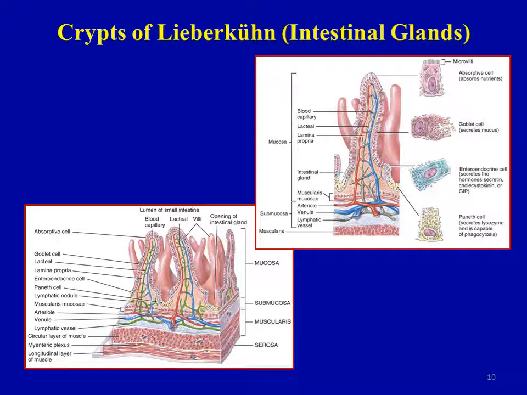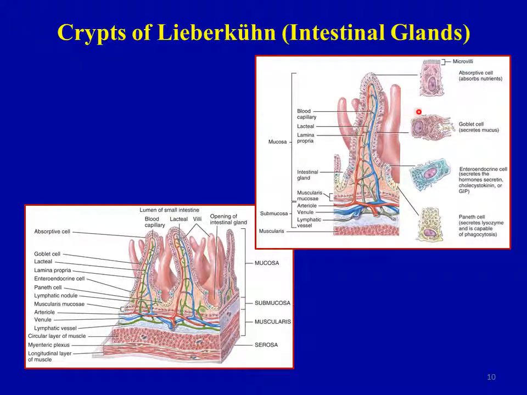If we take a closer view of one villus and the crypt of Lieberkühn, we can see that the villus is covered by absorptive cells, or absorptive enterocytes, that have microvilli in their apical membrane, tiny finger-like projections of their phospholipid bilayer.